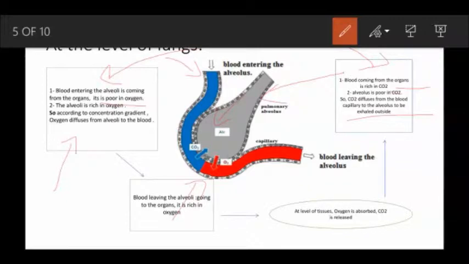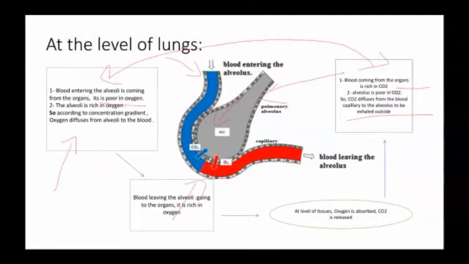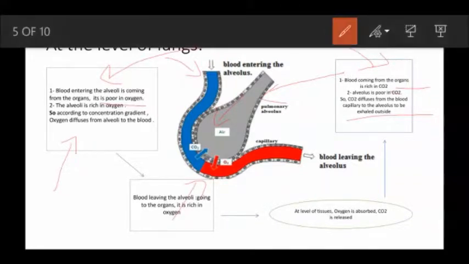So what can I conclude here? Since alveolus is rich in oxygen and poor in carbon dioxide, and since the blood entering the alveolus is rich in carbon dioxide and poor in oxygen, oxygen diffuses from alveolus to blood and carbon dioxide diffuses from blood to alveolus.